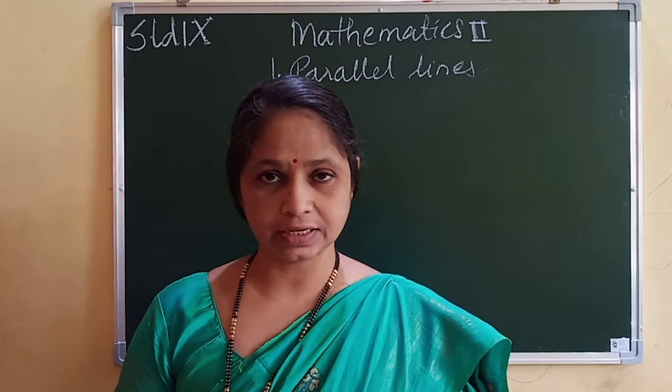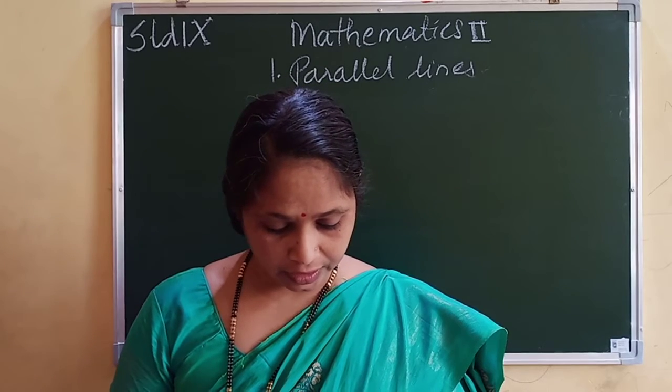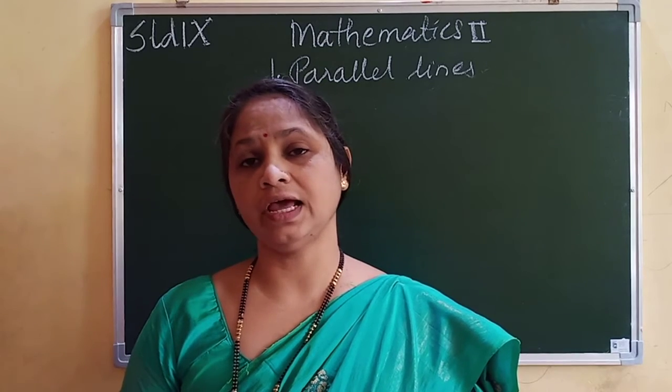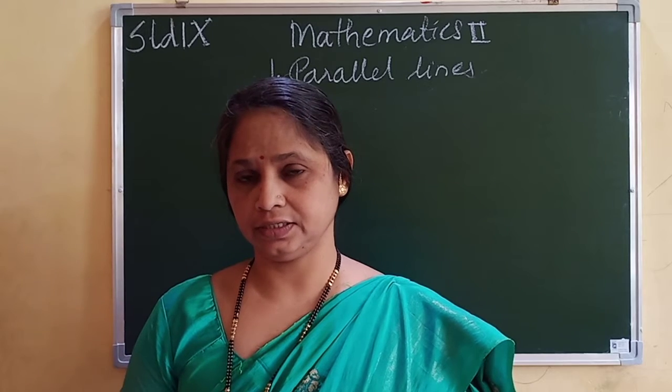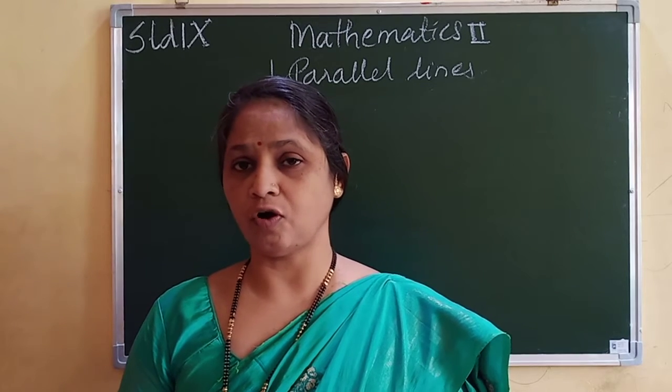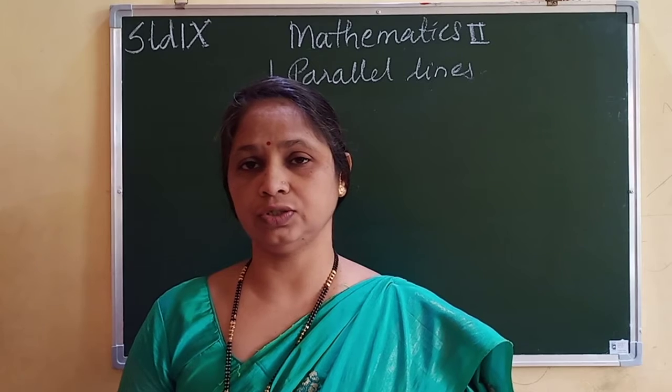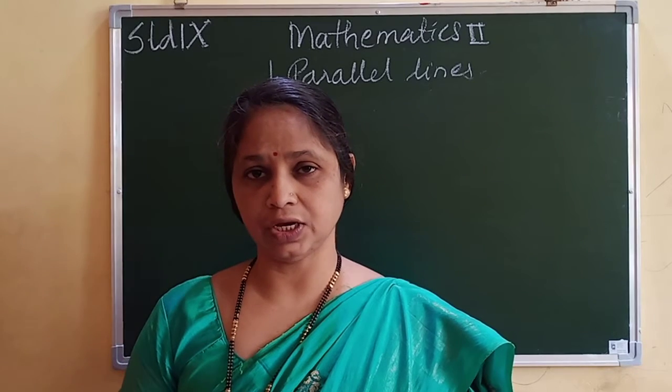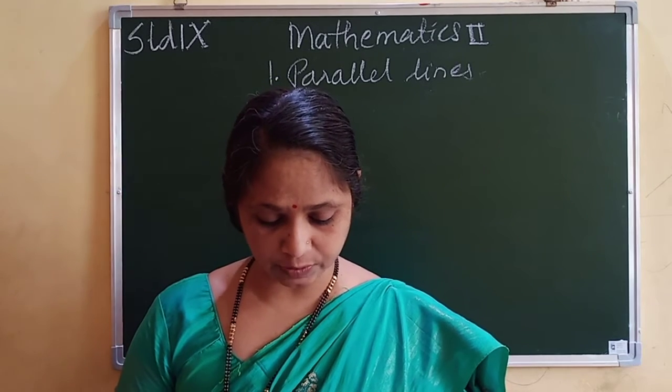Now the first theorem we have to prove is that the sum of the measures of all angles of a triangle is 180 degrees. This we know, but now we have to prove it. How is it possible?